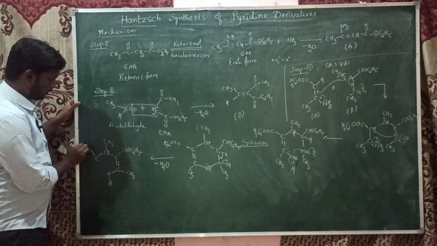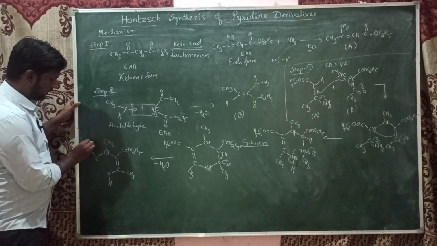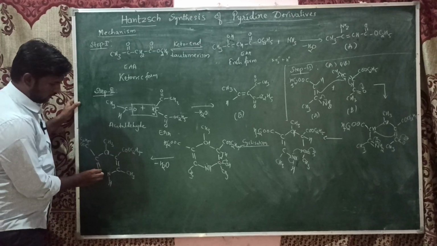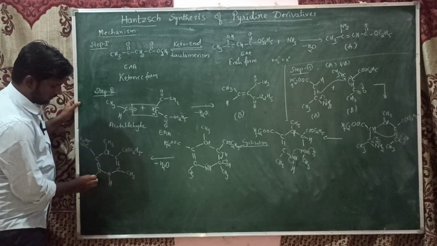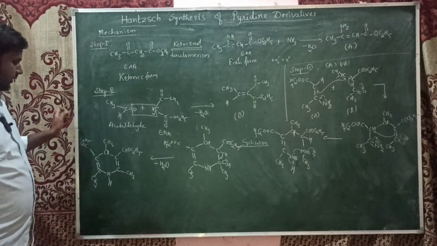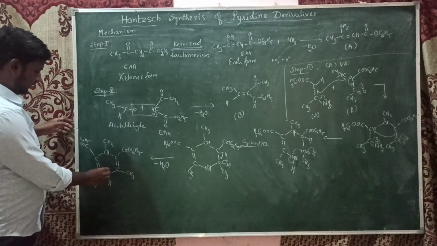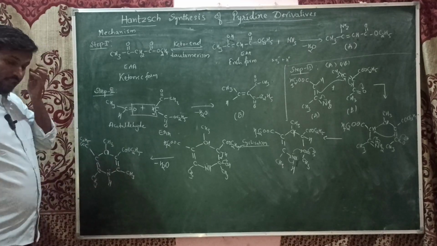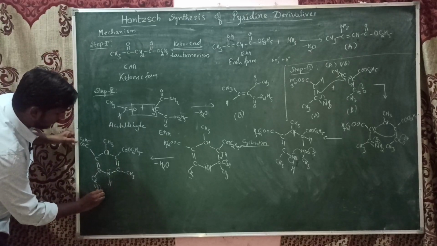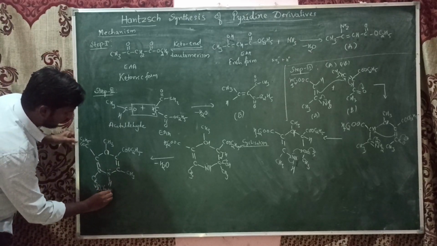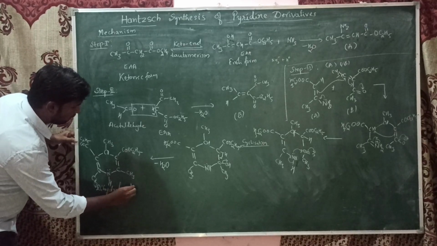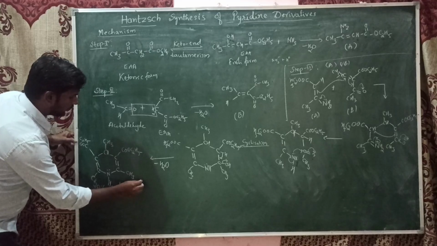Here also COO, C2H5, an ester group. Here it is a double bond, and this carbon is with CH3. Okay, this is nothing but our first product, that is the dihydropyridine derivative.